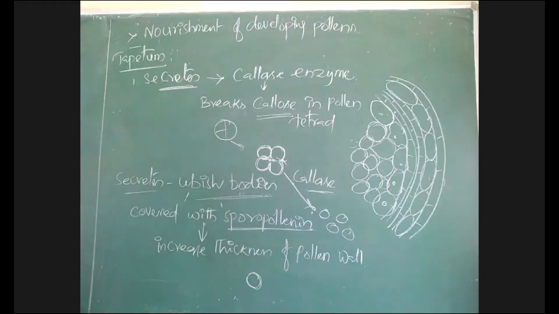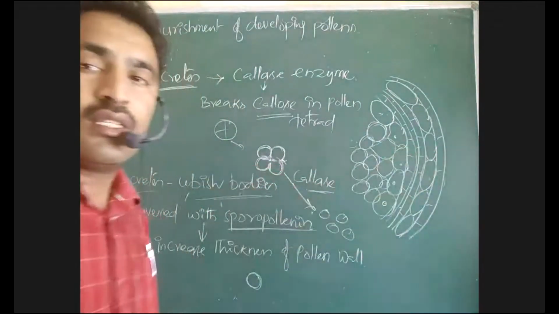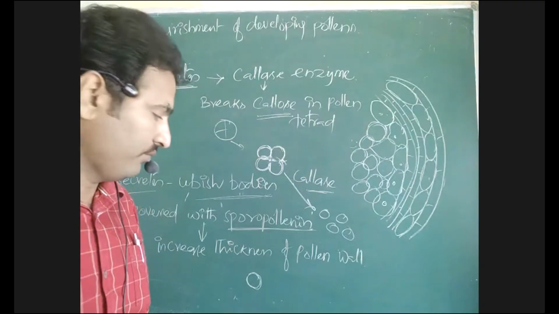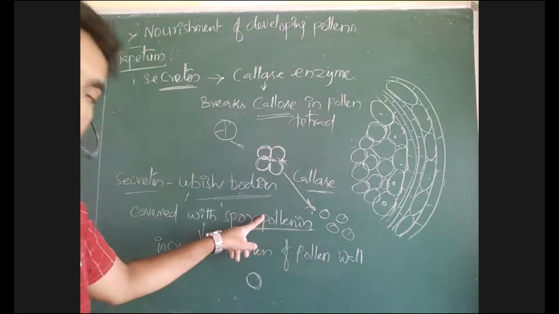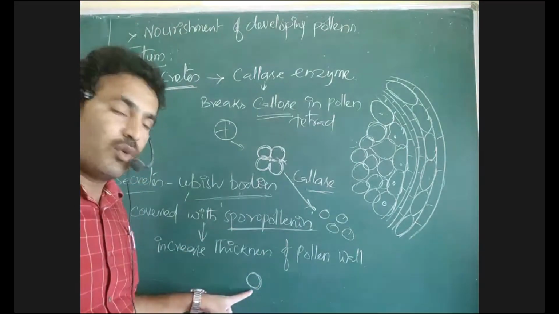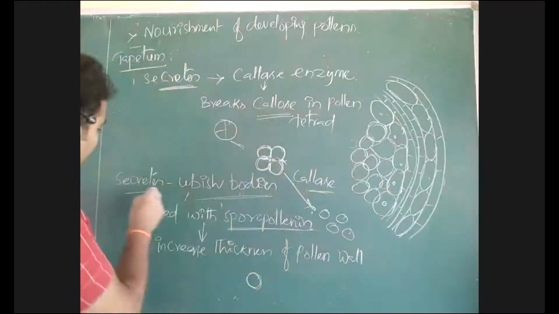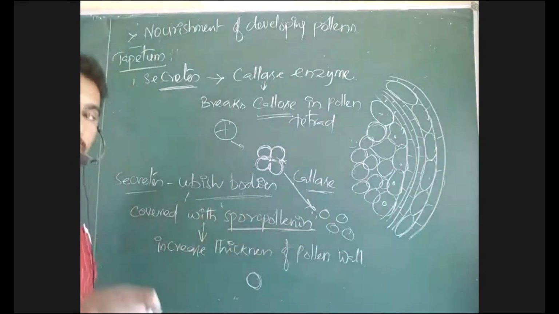In the pollen grain structure, there are different layers like exine and intine. There we can observe the presence of sporopollenin. Sporopollenin is the most resistant chemical substance present here.